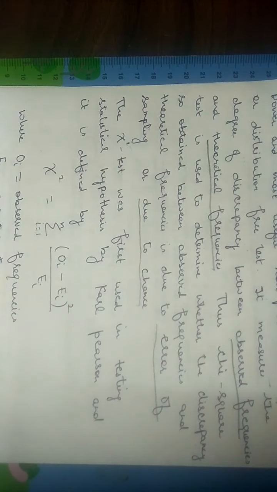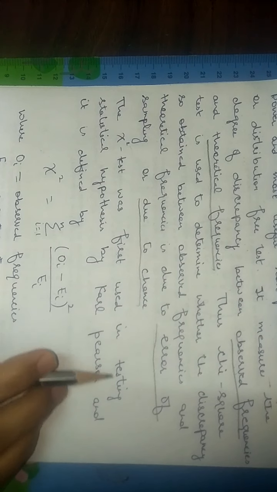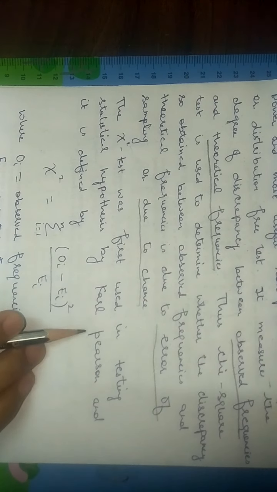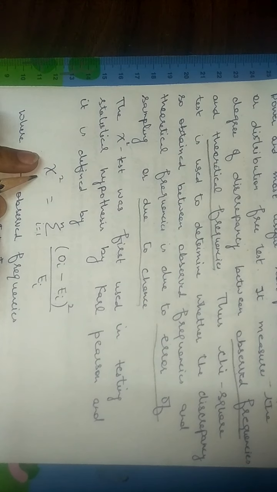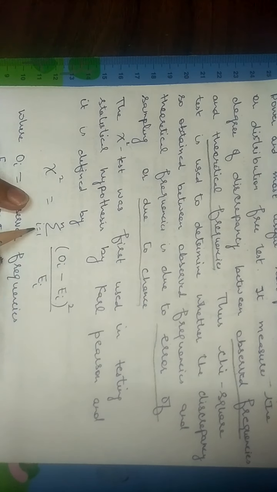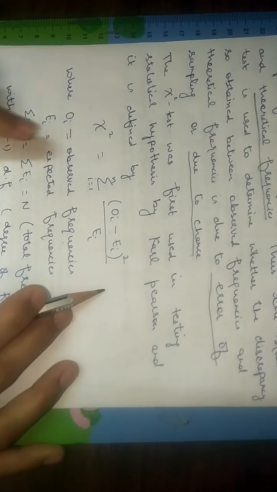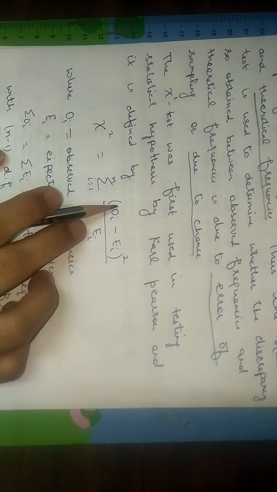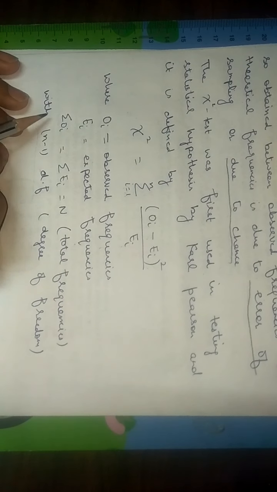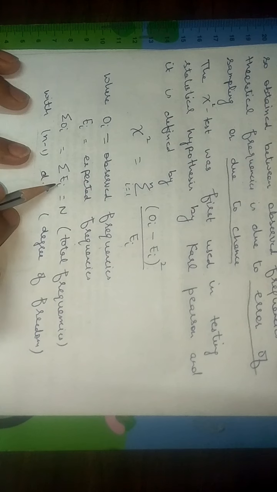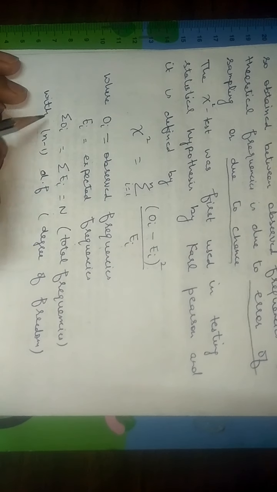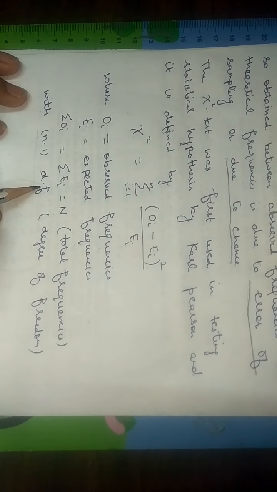The chi-square was first used in testing statistical hypotheses by Karl Pearson and is defined by chi-square equals summation, i equals 1 to n, of (Oi minus Ei) whole squared divided by Ei, where Oi is the observed frequency and Ei is the expected frequency, and summation of Oi equals summation of Ei equals N, that means total frequencies, with n minus 1 degrees of freedom.